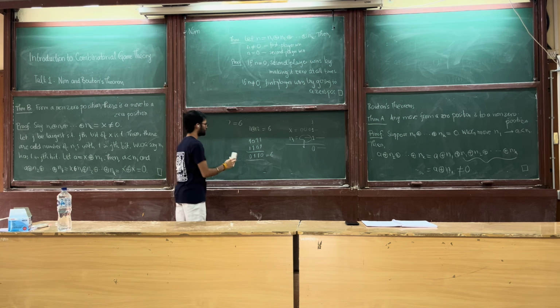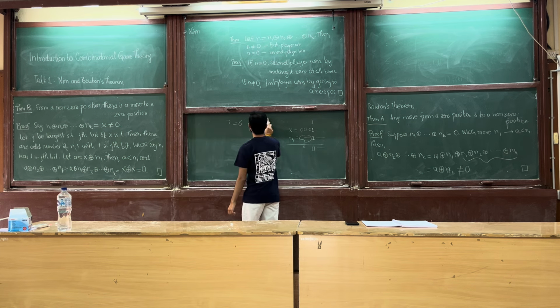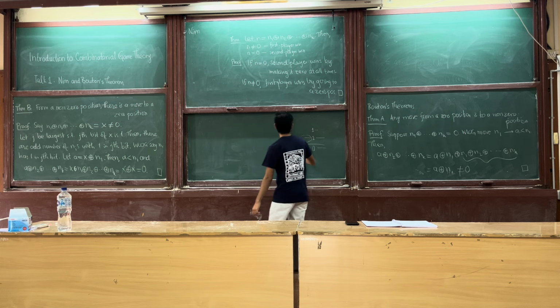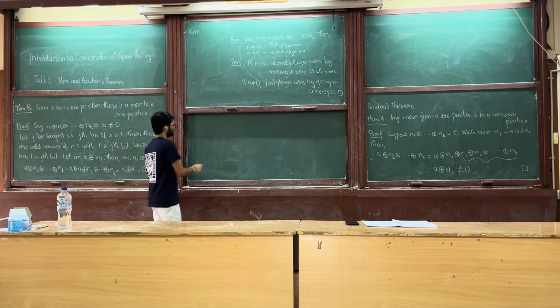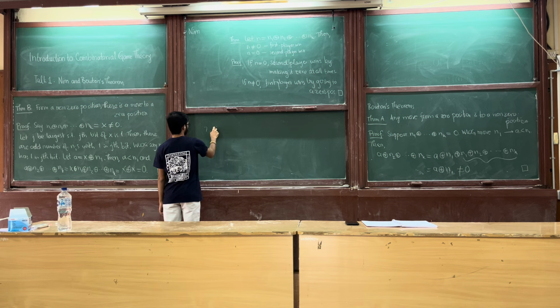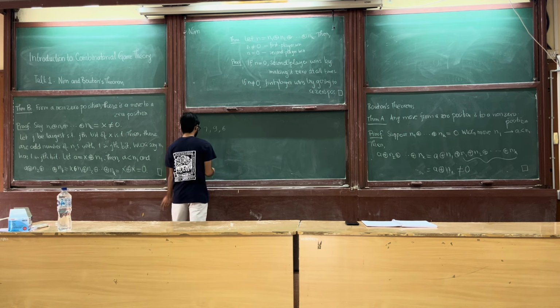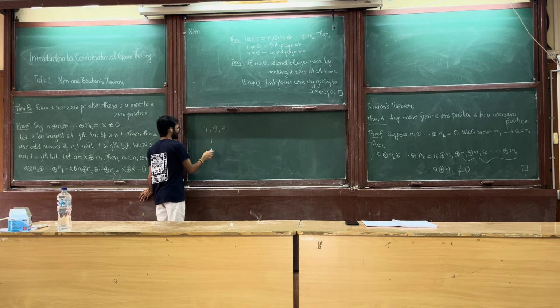Okay, and in fact, let's just do an example as well. So let's do an example and follow this strategy. Let me take some smaller numbers. Let's say you have 7, 9, and 6. Let's compute the nim-sum. I hope it's not 0. 7 is 1, 1, 1, 9 is 8 plus 1, 6 is 1, 1, 0.